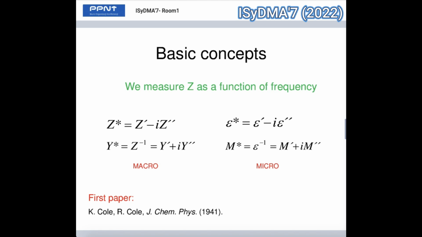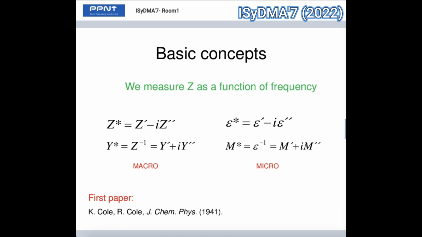These are, of course, macro properties, as they depend on the size and the shape of the material or the sample that I have. But usually we prefer to see micro properties, trying to calculate the permittivity, which is also a complex number with a real part and an imaginary part.